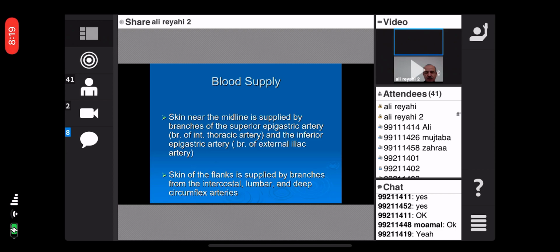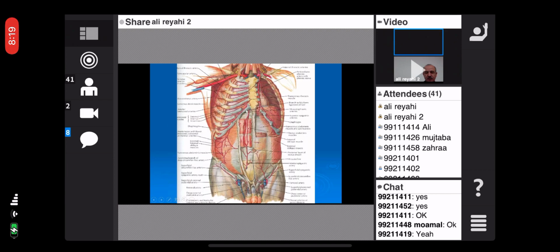So near the midline, the skin and the muscles of the anterior abdominal wall are supplied by arteries like the superior and inferior epigastric arteries. Skin of the flank is supplied by branches from the intercostal, lumbar and deep circumflex arteries. I will explain all of this, okay? Look at here.